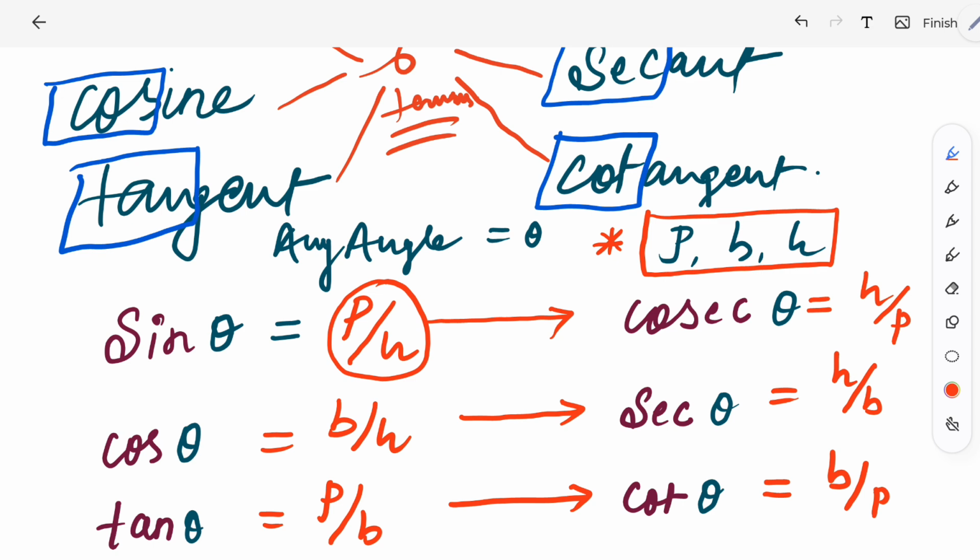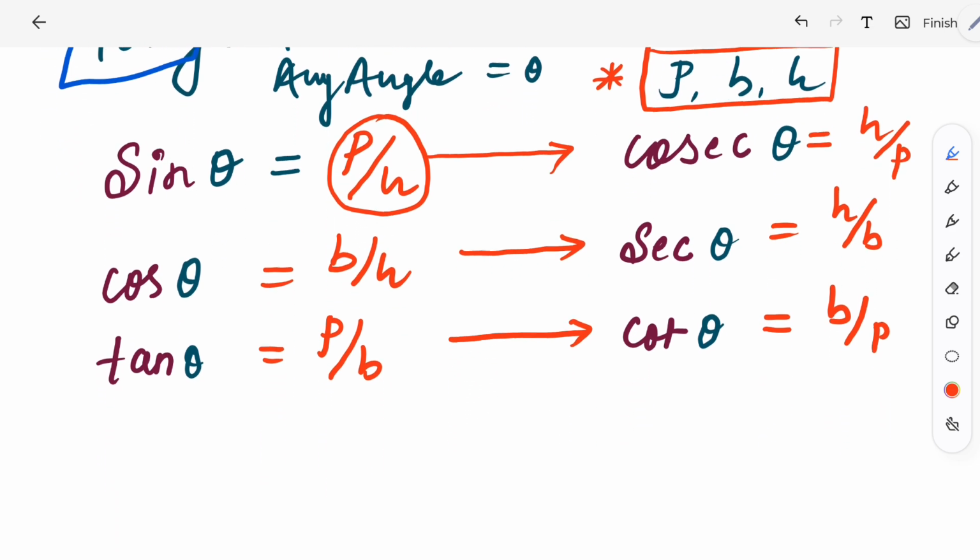That is, the opposite of sine theta, that is P by H, is H by P. The opposite of cos theta, B by H, is H by B. The opposite of tan theta, P by B, is B by P. So these are the important 6 terms of the trigonometry.